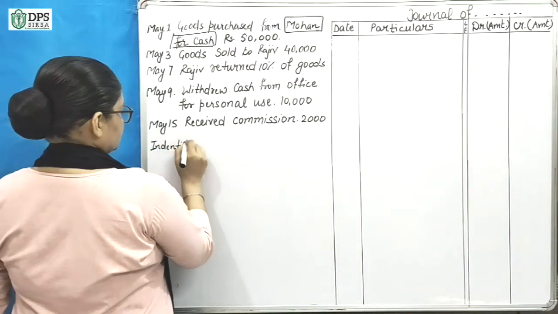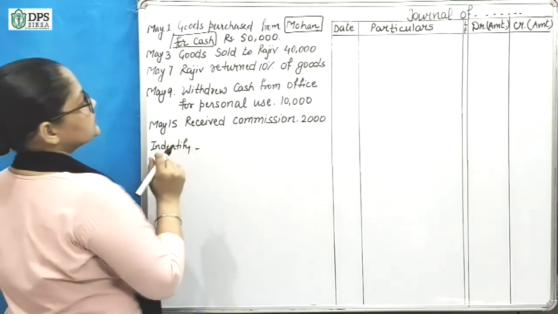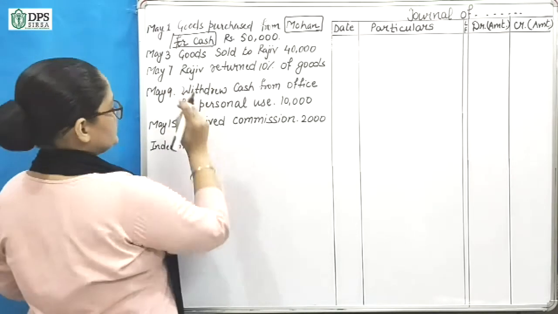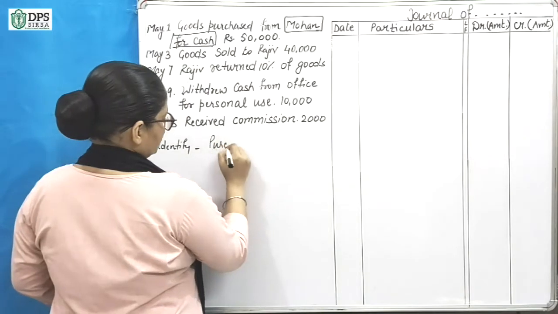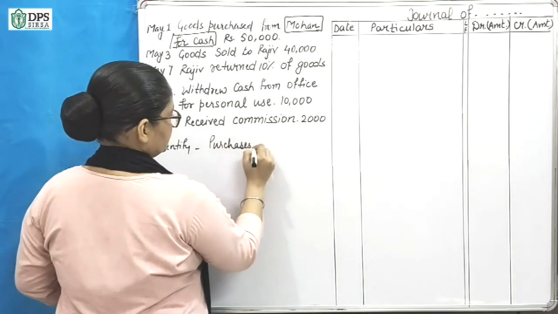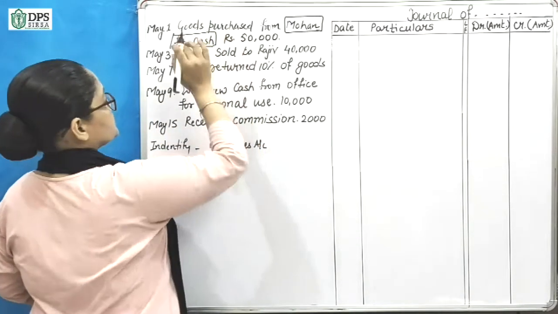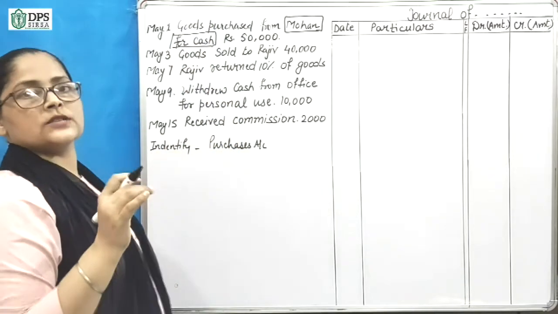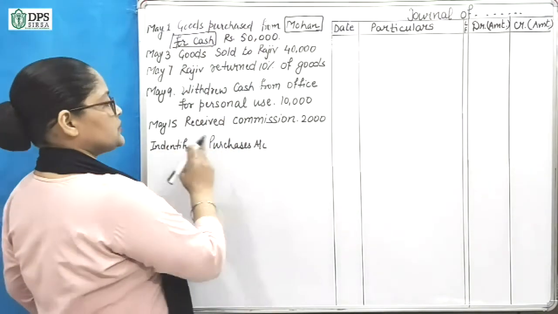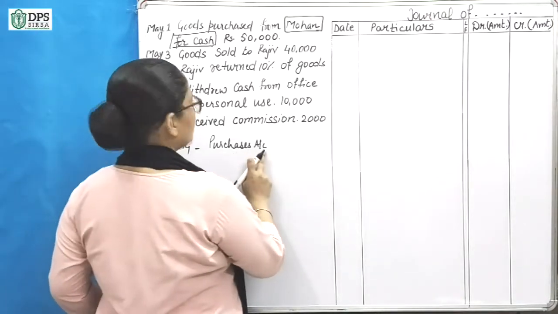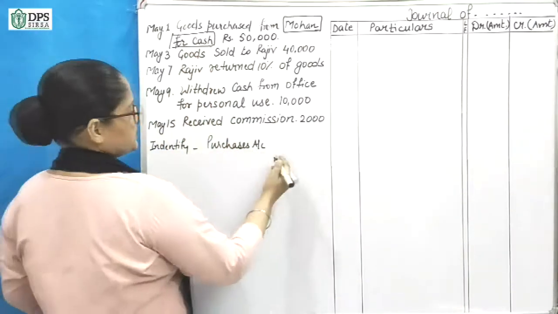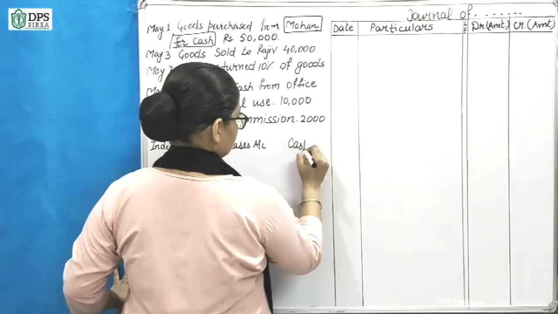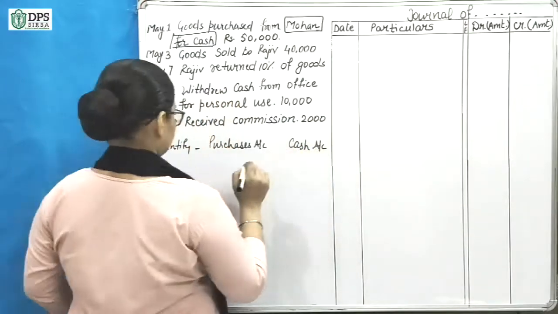So first of all, we will identify what are the accounts that are affected over here. The accounts are, first, purchases, because we are purchasing goods. Whenever we purchase goods, we take it as purchases. So purchases account, and the other is cash account, because we are paying cash.